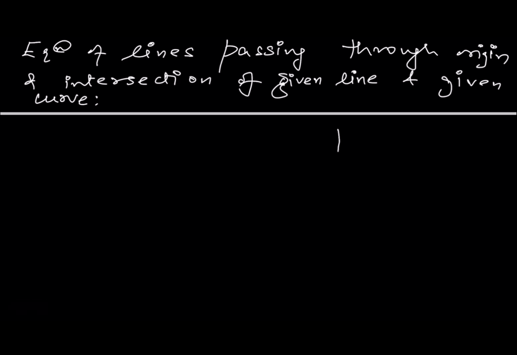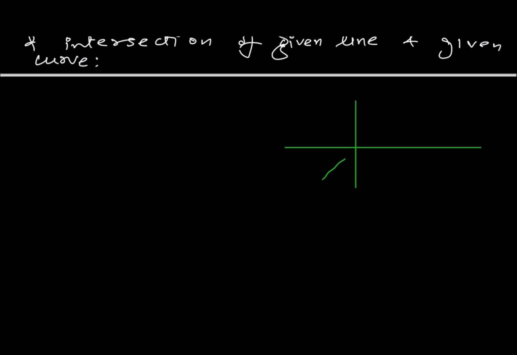So now we have to find the equation for that pair which is passing through origin and through the intersection of given curve and given line. See, this is the given curve C, and this is the given line L, and here L1 and L2.